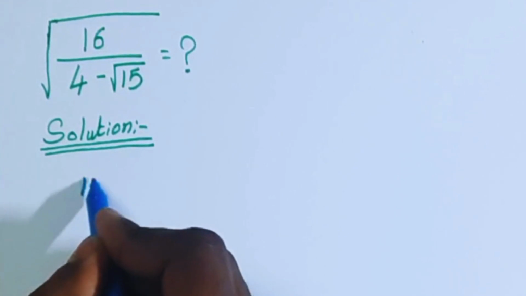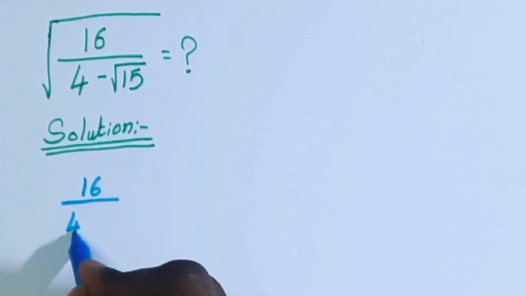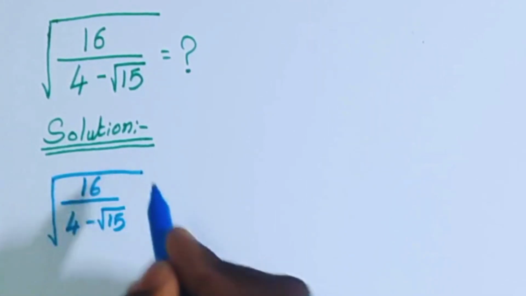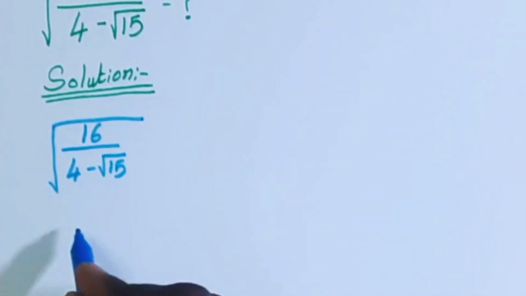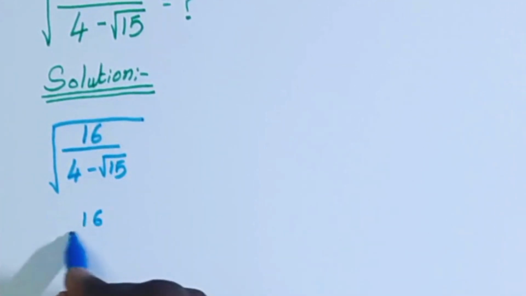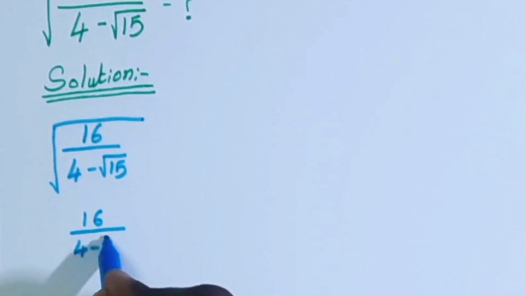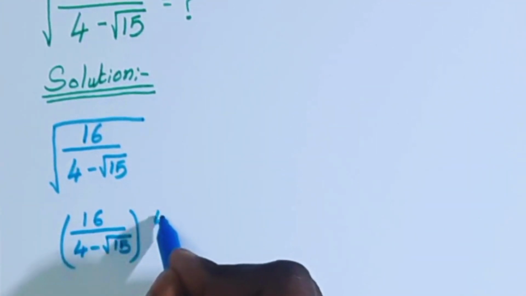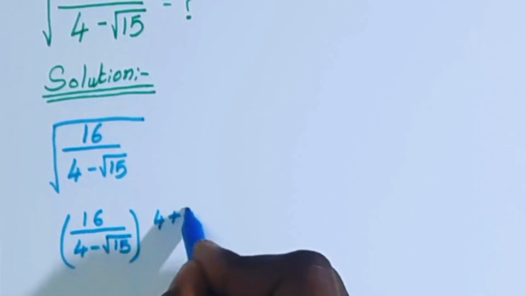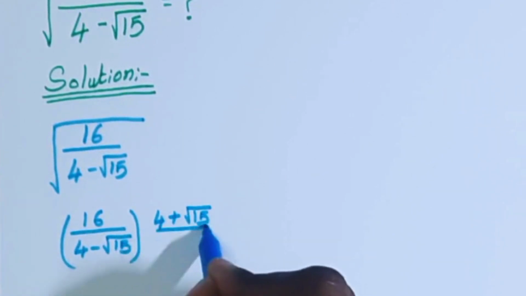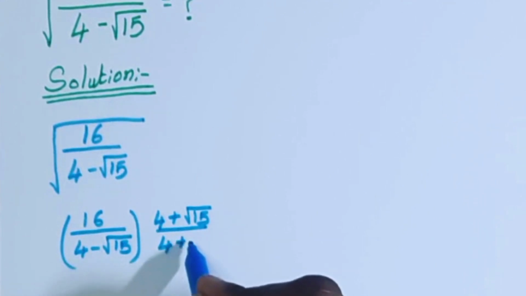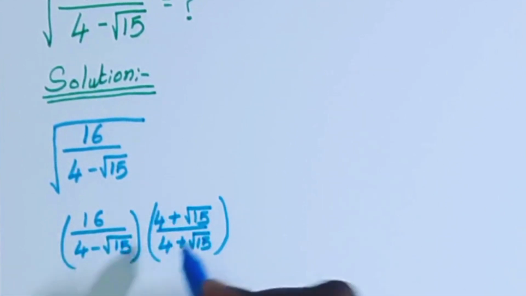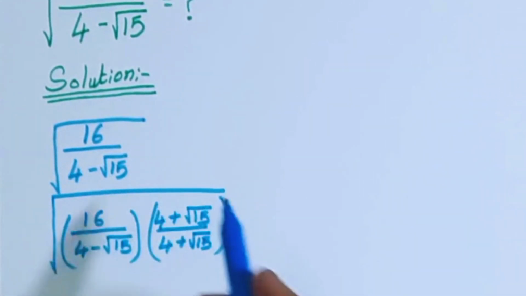Solution: the square root of 16 by 4 minus square root of 15. This is the given problem. Now, 16 by 4 minus square root of 15, we are going to multiply and divide by the same, 4 plus square root of 15, in square root.